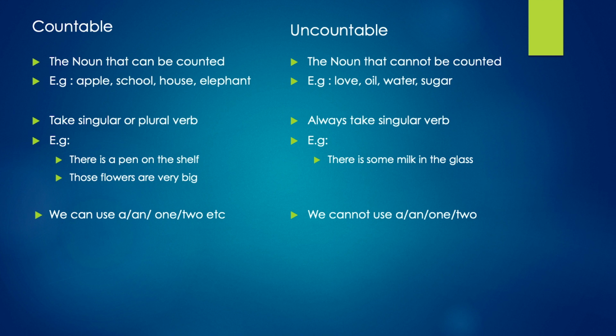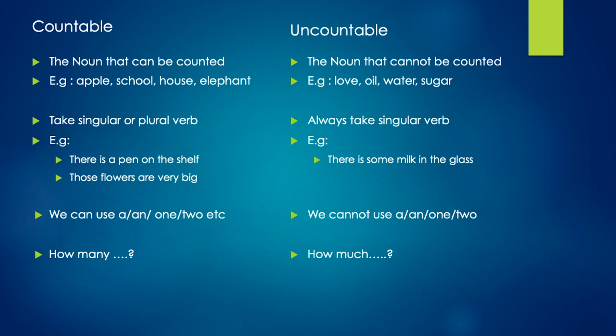To measure the quantity of uncountable nouns, we can use units like a glass of water, a cup of tea, a few grams of flour, a liter of juice, etc. In order to ask questions regarding the quantity of countable nouns, we use how many. Whereas in the case of uncountable nouns, since they don't have any measures, we use how much.